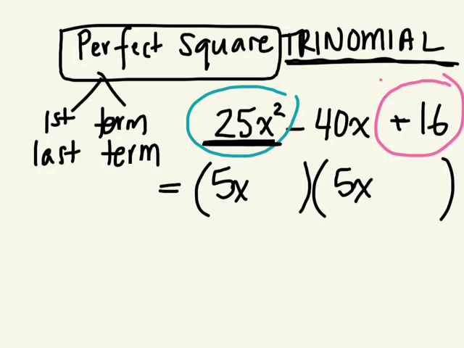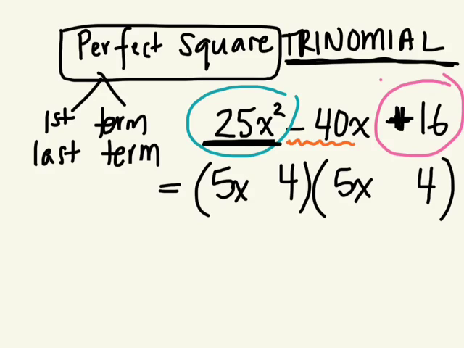The last term is also a perfect square. What's the square root of 16? 4 and 4. Now, the way that you can figure out what sign to put here is, first of all, you want to look at your last term. It's positive, right? But then you want to look at your middle term. What sign goes with the middle term?